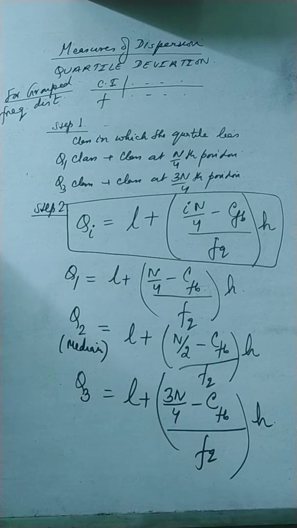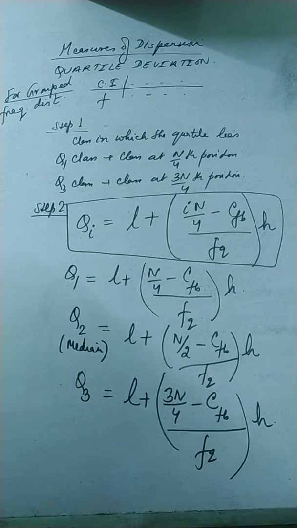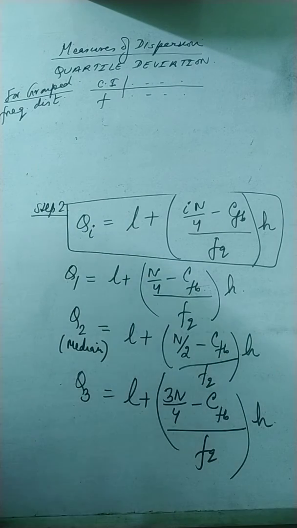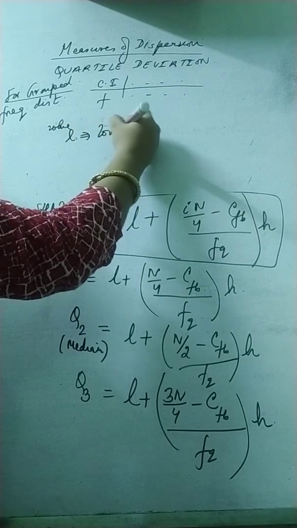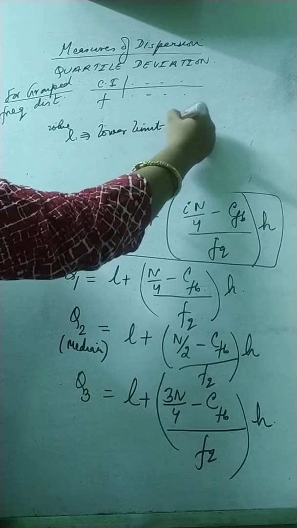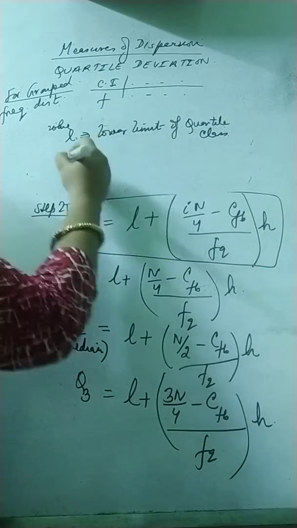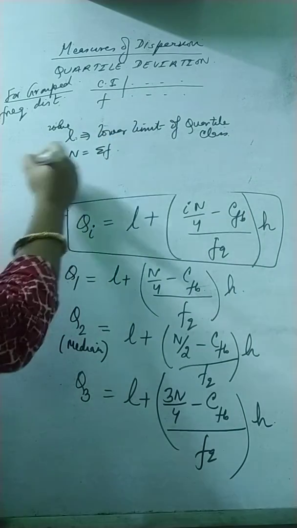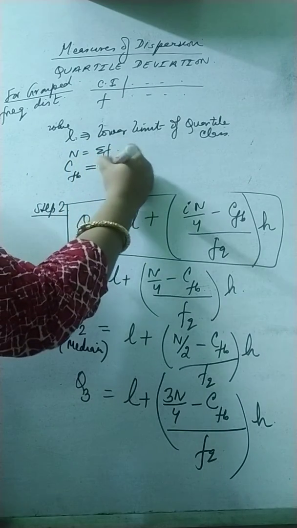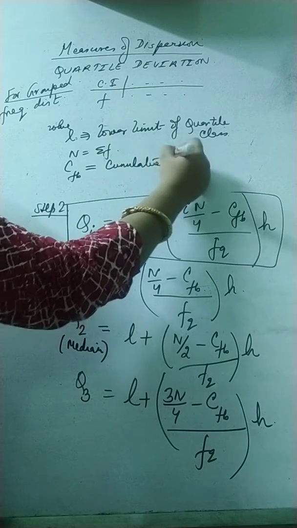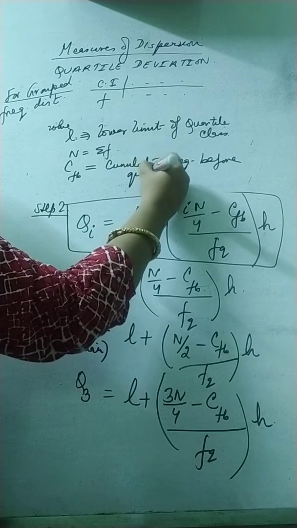What are the symbols symbolizing? H stands for the length of the class intervals, where L stands for the lower limit of the quartile class that you are obtaining. N is summation F. C suffix FB stands for cumulative frequency before the quartile class.